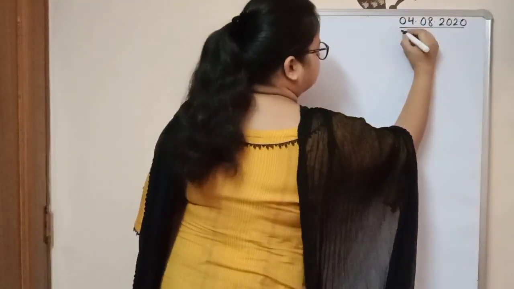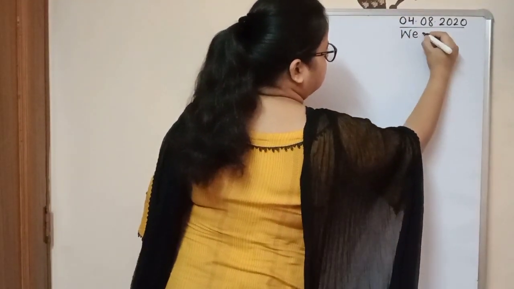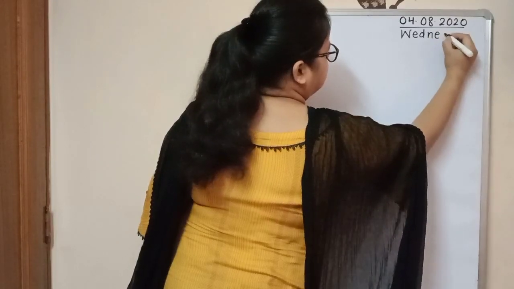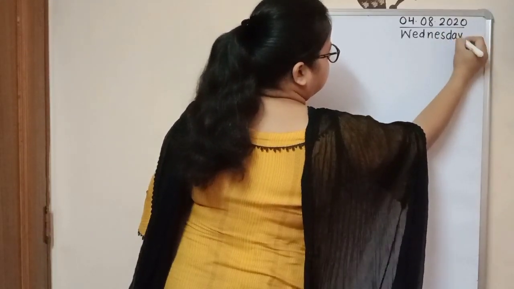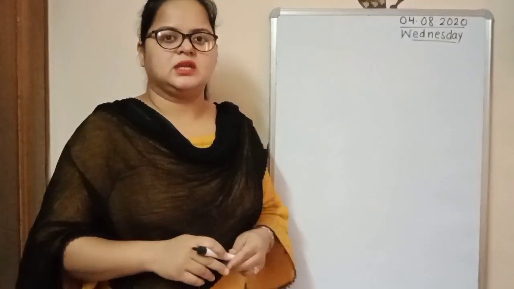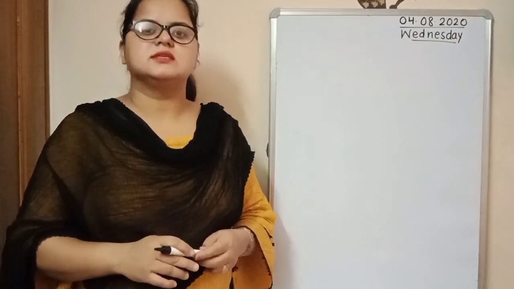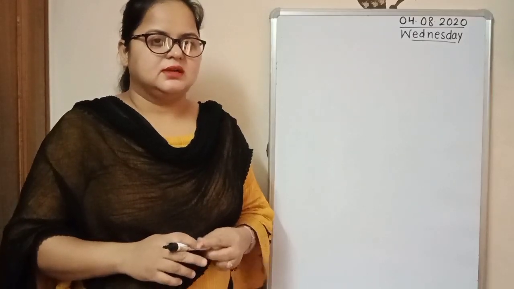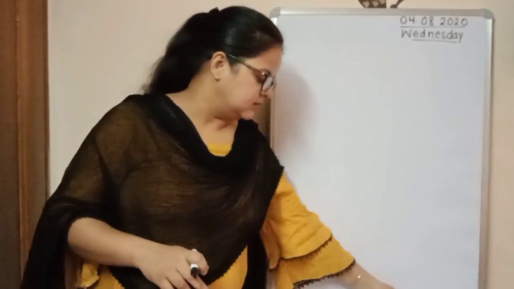So write the spelling of the day: WEDNESDAY, Wednesday. Date is 4/8/2021 and day is Wednesday. Yes, I hope you all have written.